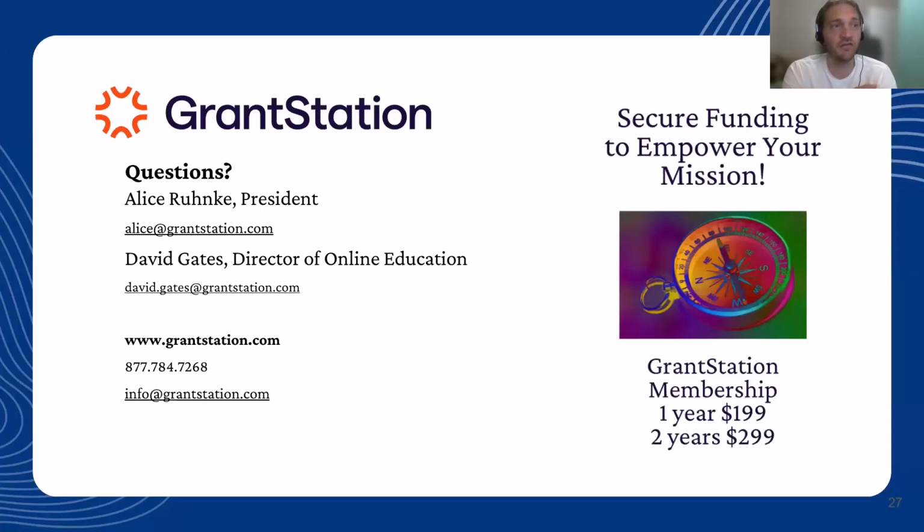We've seen other funders who say it's okay to use AI, but we want you to disclose if you did and how you did it. And others who don't have policies that are fully developed yet. So it really does vary. There's not one size fits all between different funders.